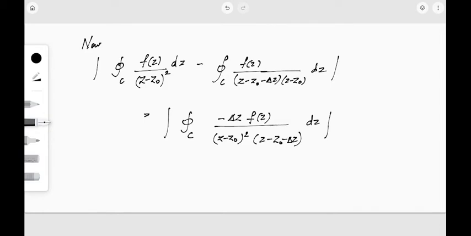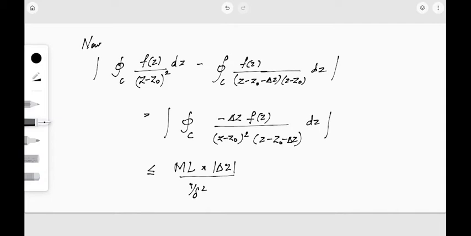Okay, now mod f of z was less than M and length of the contour was L. So by ML inequality, this integral will be less than or equal to M into L into modulus of delta z, okay, and divided by, what was this value, it was less than or equal to 1 by delta square, right?